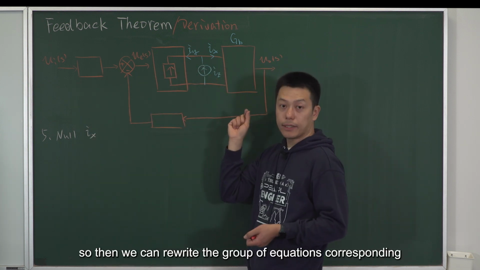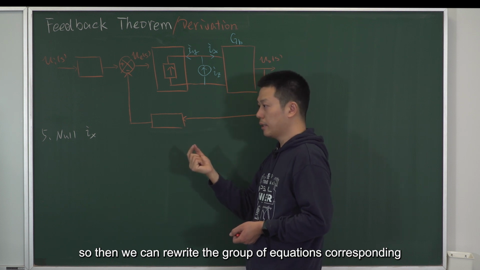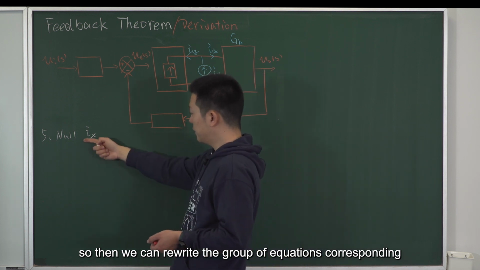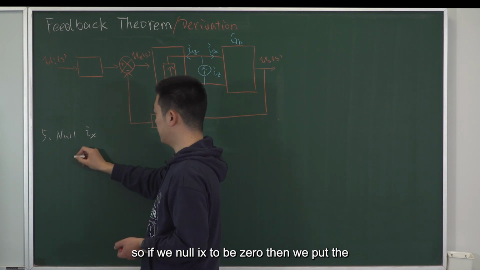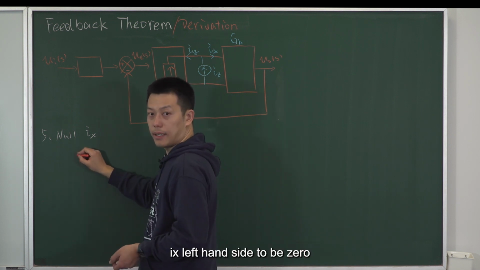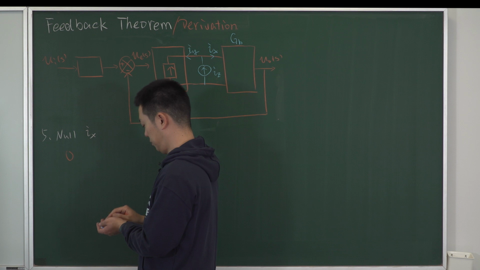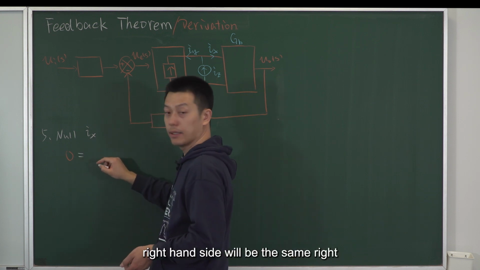So then we can rewrite the group of equations correspondingly, right? So if we know Ix to be 0, then we put the Ix left-hand side to be 0. Right-hand side will be the same, right?